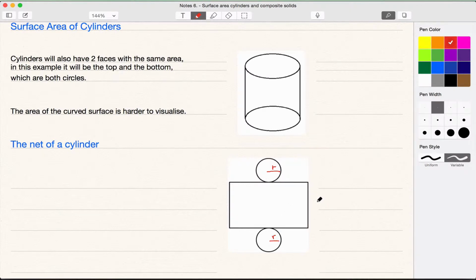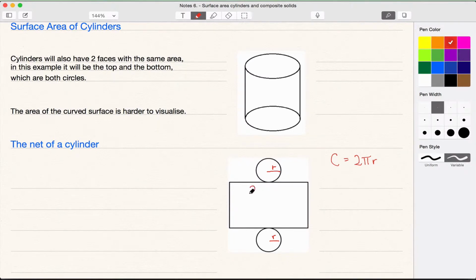Inside a circle you would have the radius labelled. Normally I'll just put that as an R. And this length along here needs to go all the way around the circle, and we know the circumference of a circle, the formula is 2 pi r.